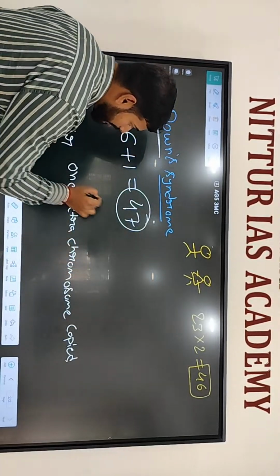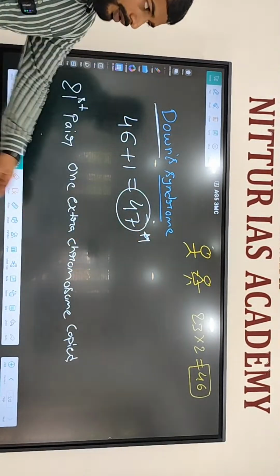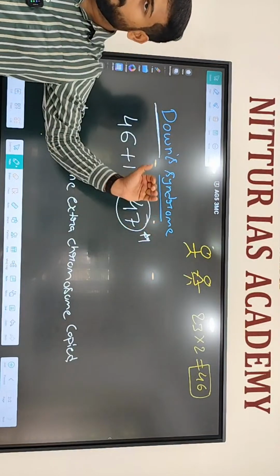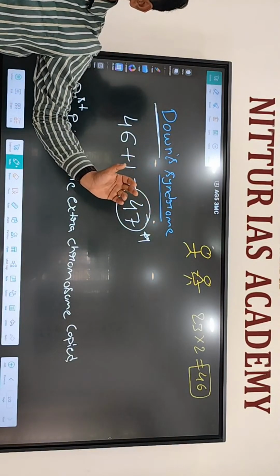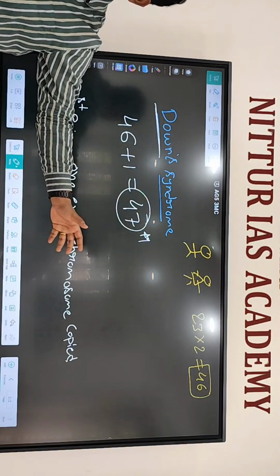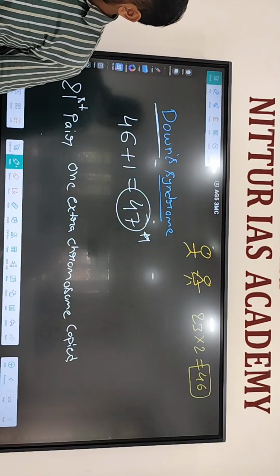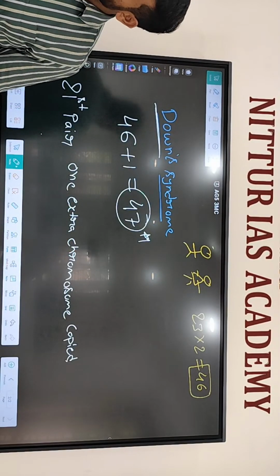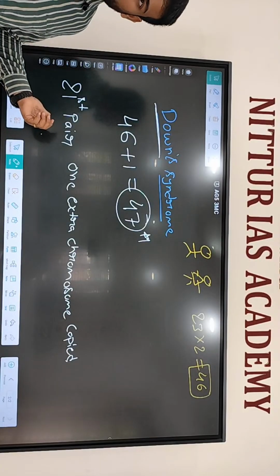See, there are 23 pairs, right? First pair 2 chromosomes, second pair 2 chromosomes, third pair, like this 23 pairs. In the 21st pair only, one extra chromosome is copied.